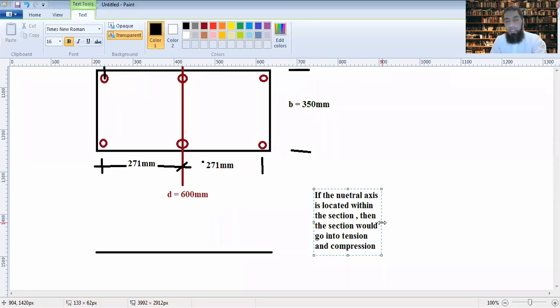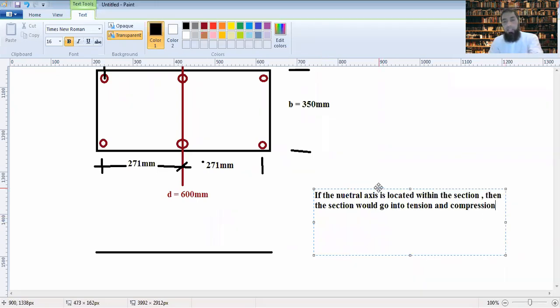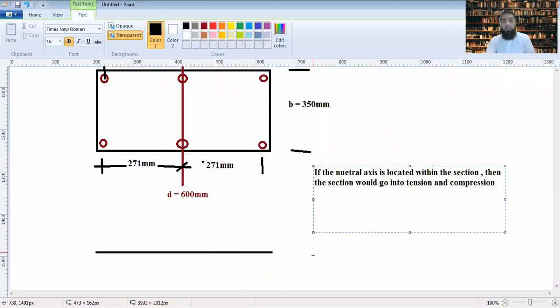Now, if the neutral axis is located outside the section, then the whole section would be in compression.